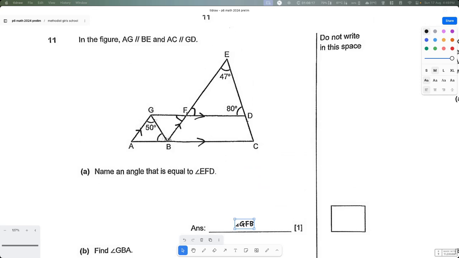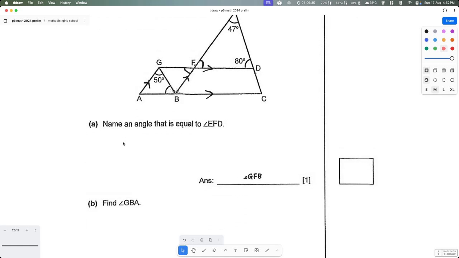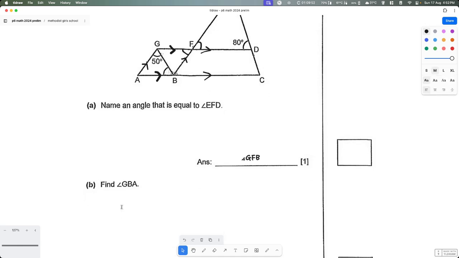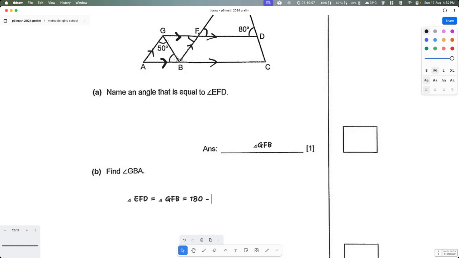So next one, part B, find GBA. All right, if you look closely over here, we know that GD is parallel to AC, which also means that GF is also parallel to AB in this case. So angle EFD is equal to angle GFB, which is basically 180 minus 47 minus 80.